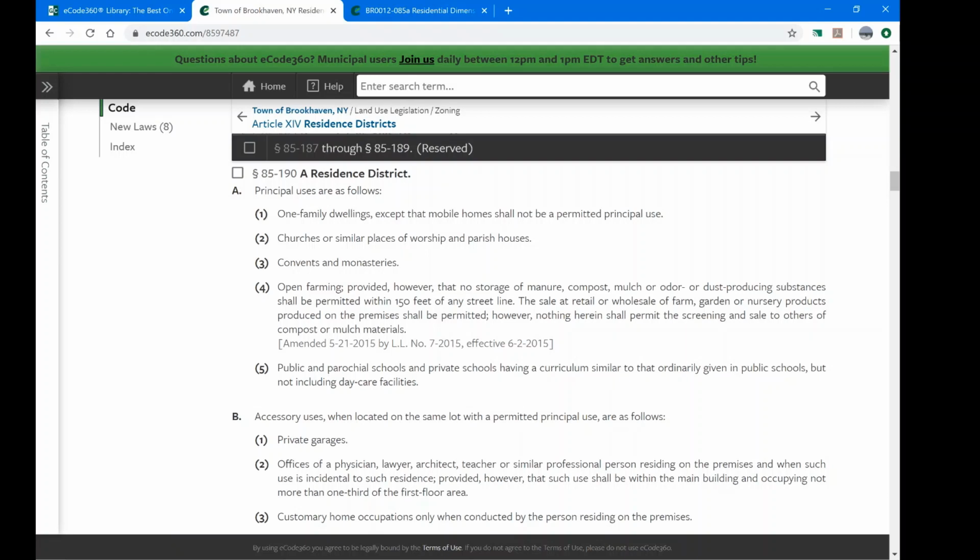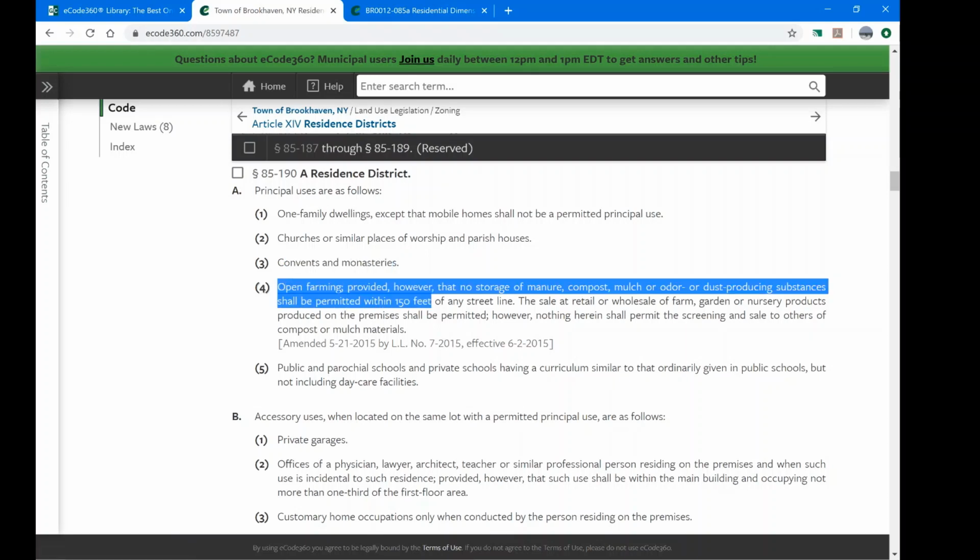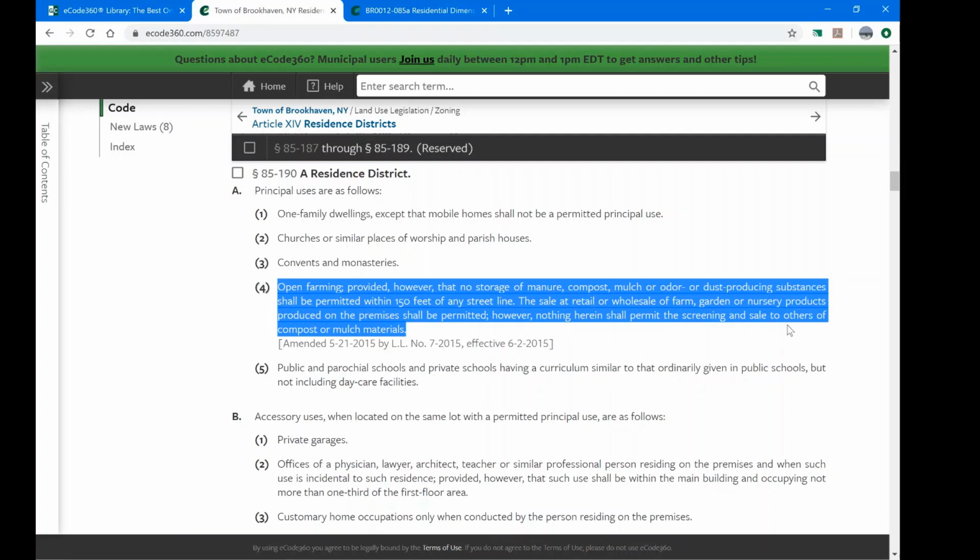You're allowed to have a one-family dwelling, okay, but no mobile homes. You're allowed to have churches or similar place of worships and parish houses. So any type of religious organization can be present there. You can have a convent or monastery. You are allowed to have open farming, provided that there's no storage of manure, compost, or odor-producing substances within 150 feet of a street line, and you can sell that stuff to the public at that property.